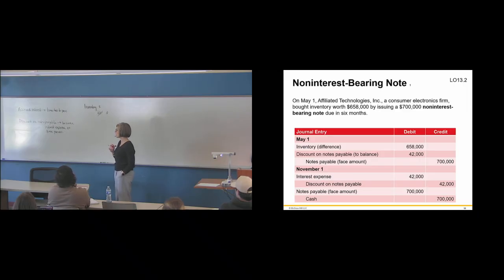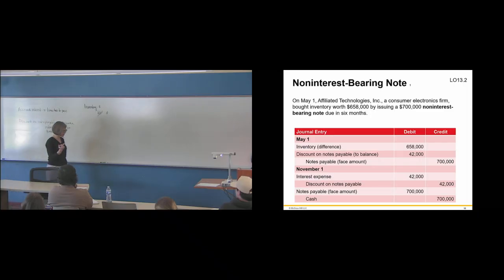At the end of the 6 months, we move the money from discount on notes payable, we clear it out, and we call it interest expense now because time has passed and that makes sense, right? We've accrued our interest. So when you go to pay it back, you remove the discount, debit interest expense, and then you pay back the note. So debit to notes payable and credit to cash.